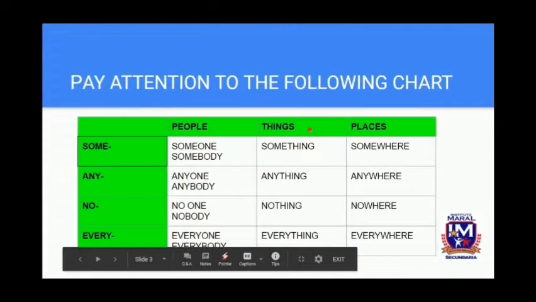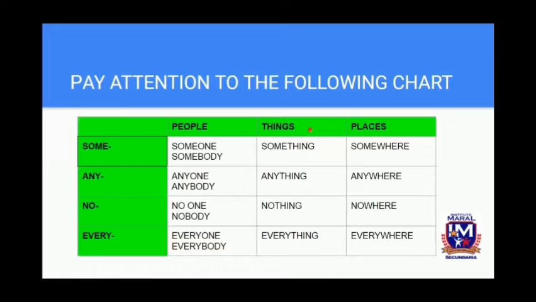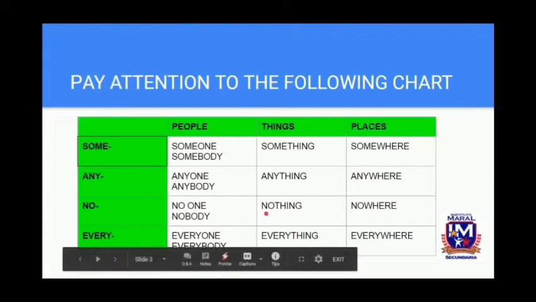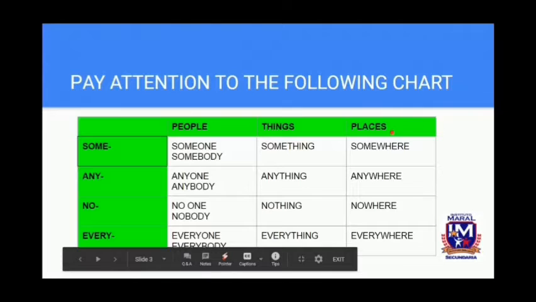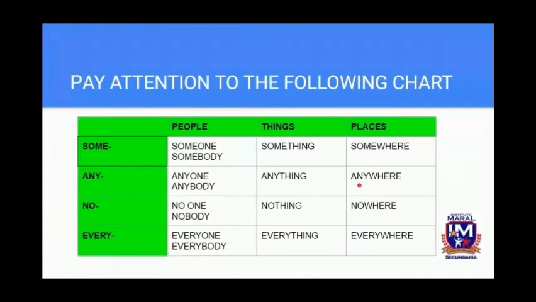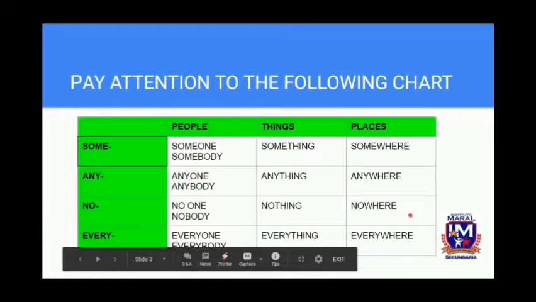The next ones are used to talk about things: something, anything, nothing, everything. And the last indefinite pronouns are the ones that talk about places: somewhere, anywhere, nowhere, and everywhere.